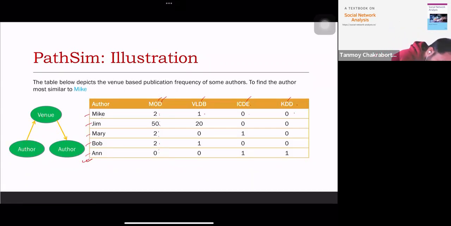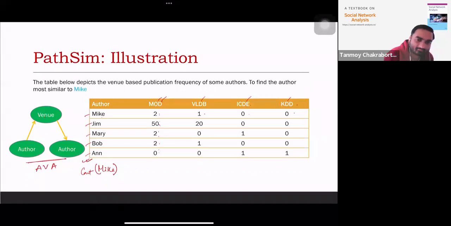Now we have already fixed the metapath type AVA. What is the count of paths of type AVA for Mike, round trip?